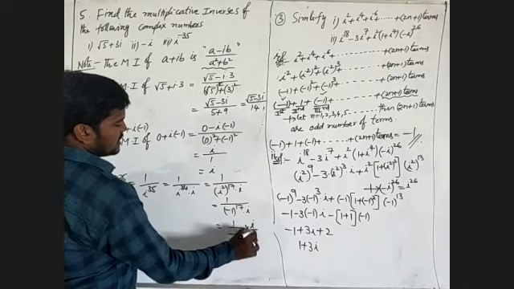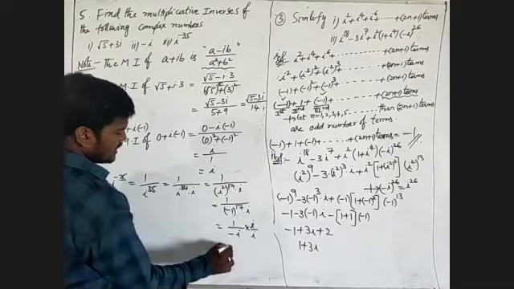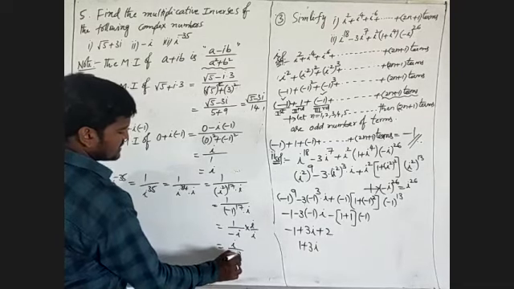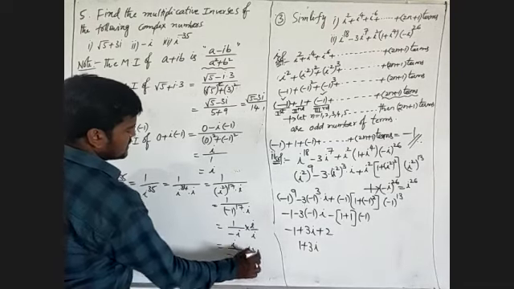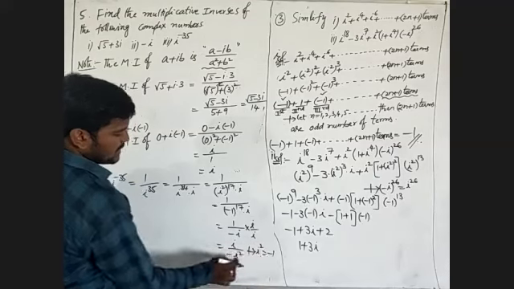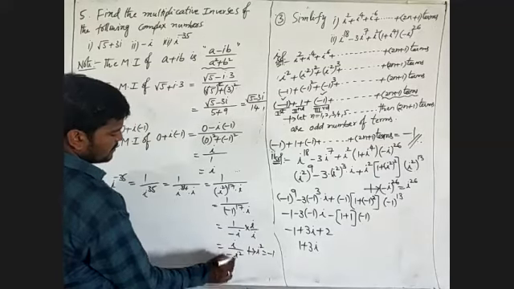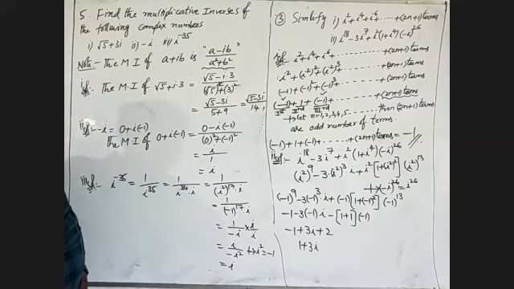Rationalizing the numerator and denominator with i, that must be written as i by minus i square. Minus i square is equal to minus 1. Minus of minus 1 will become plus 1. i by 1 is equal to i.